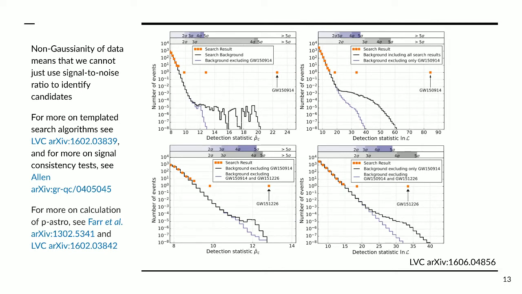We combine the consistency check and signal to noise ratio, concoct some ranking statistic, which is some mapping of these parameters to give us a number. We can construct an empirical distribution of what this detection statistic should look like if we only had noise in our detectors, and then we can see, are there any outliers in this? From this, we calculate a false alarm rate.